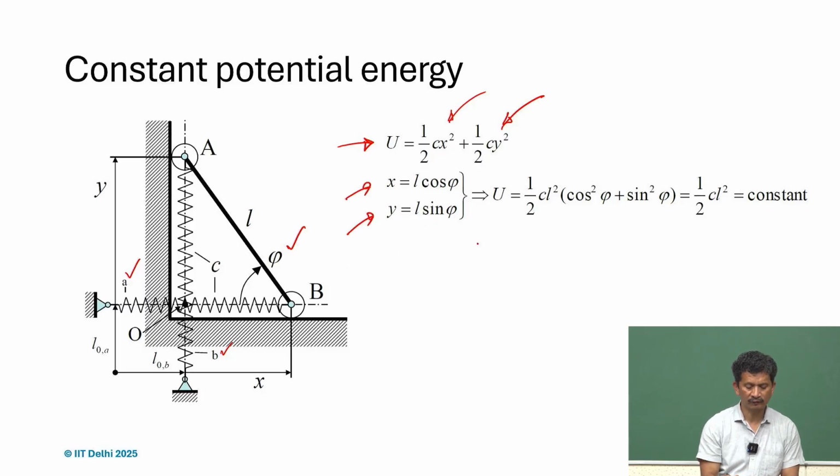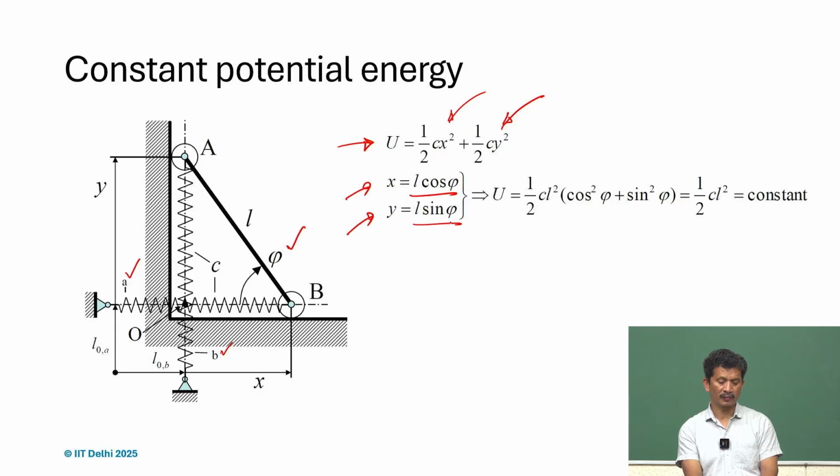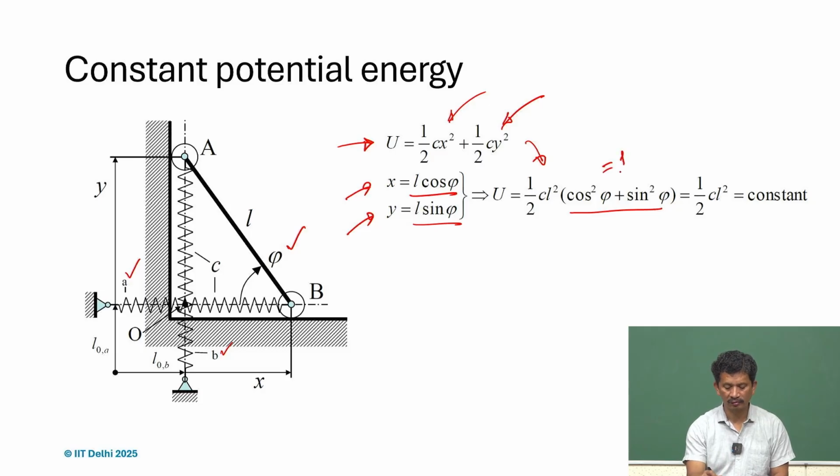So length is fixed, so x is L cos phi and y is L sin phi. Now if we put these values, we find half C in terms of L and phi. X is L cos phi, so L square is common. Ultimately we get inside cos square phi plus sin square phi, and we all know that this is equal to 1.